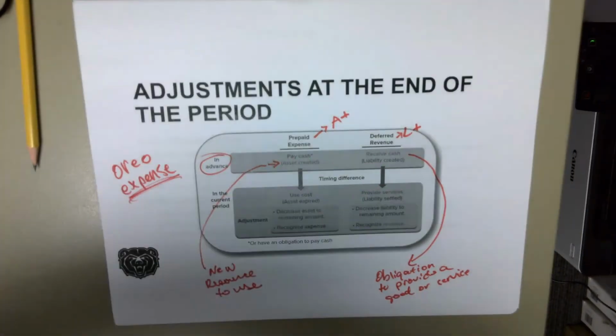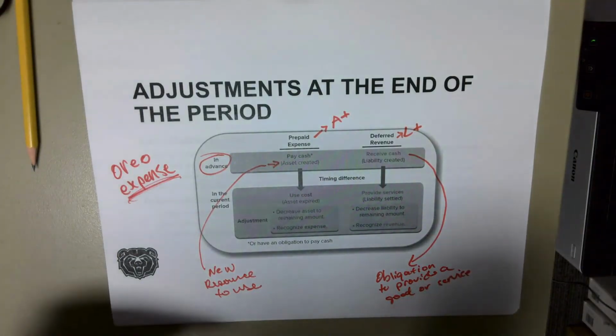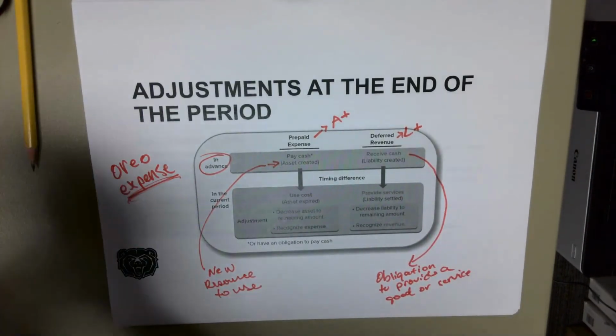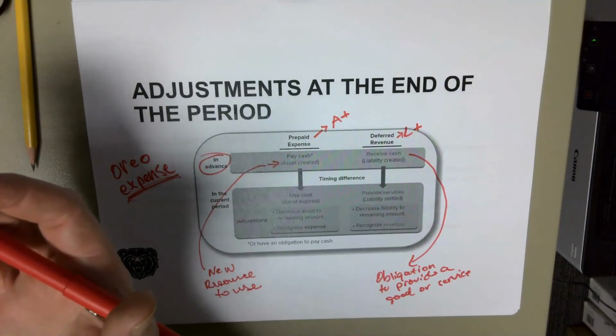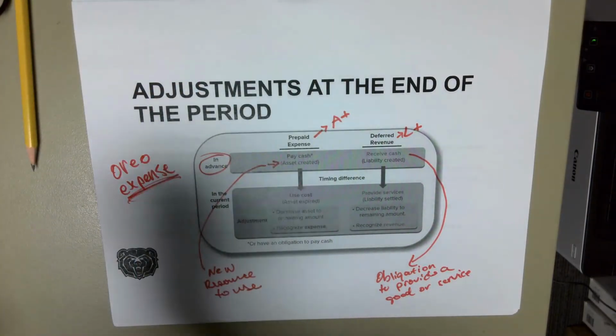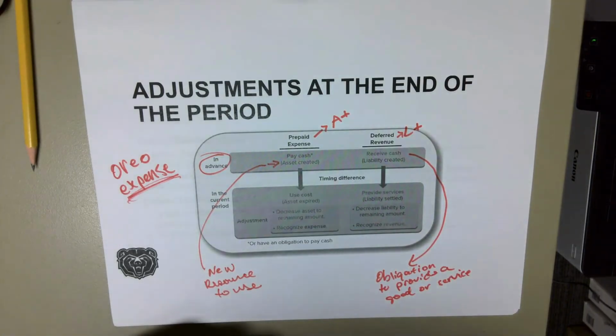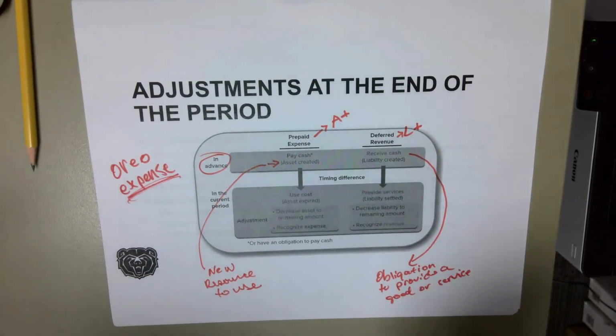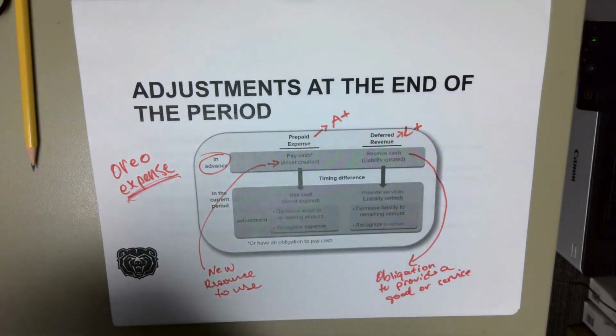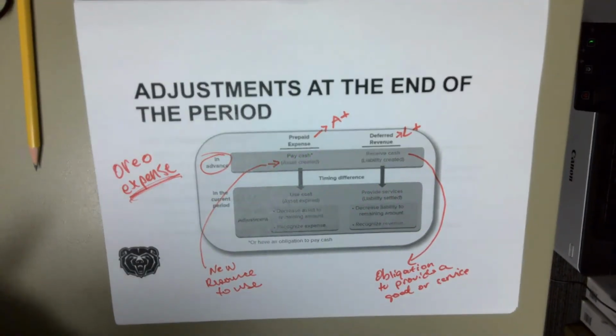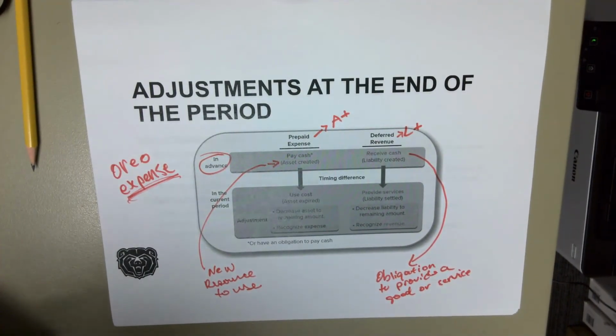So it's kind of the same thing with liabilities. It's just kind of opposite, right? So as we provide that service, as we provide that good, we meet our obligation, then we can decrease the liability to the remaining amount. We're going to recognize revenue. So this one is, you pay me $1,000 to paint your house. I have not painted it yet.